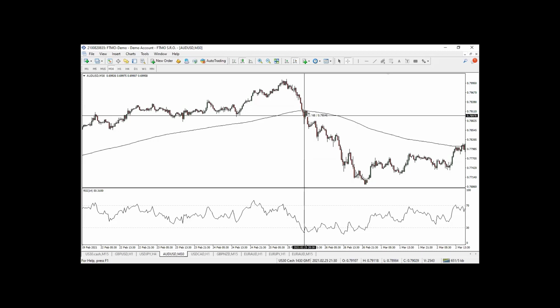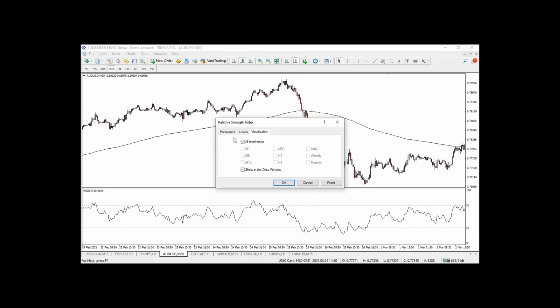Yes. So now, how do you use the RSI to your favor? The way to use it is we will change the setting to fit a need. You right click on it, you go to RSI 14 properties, you go to parameter, and you change this to 10 instead of 14.